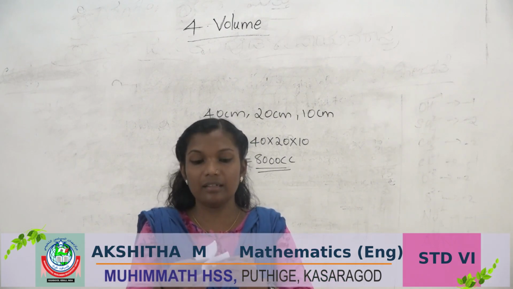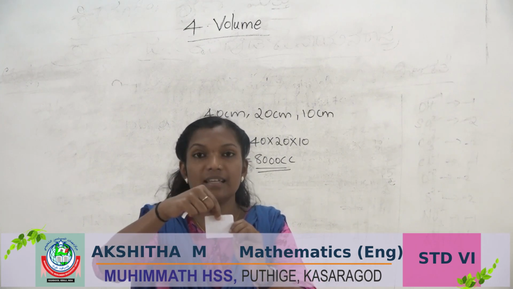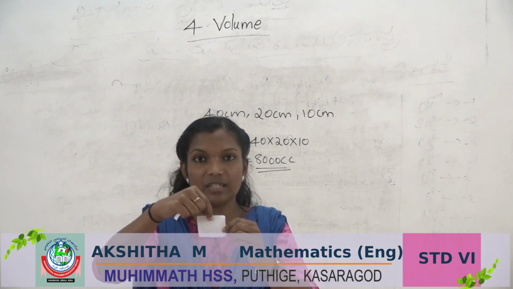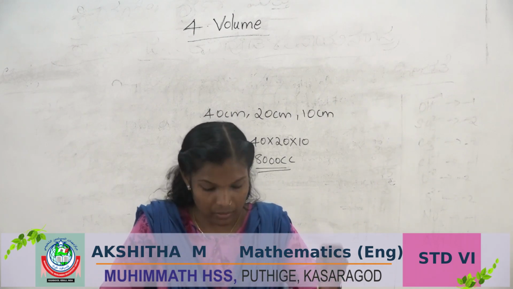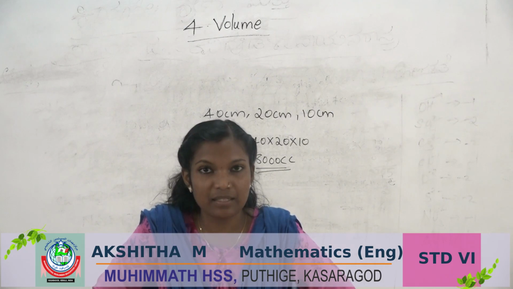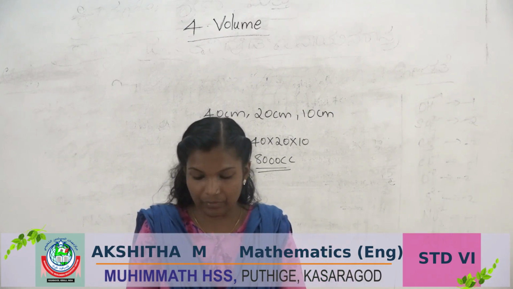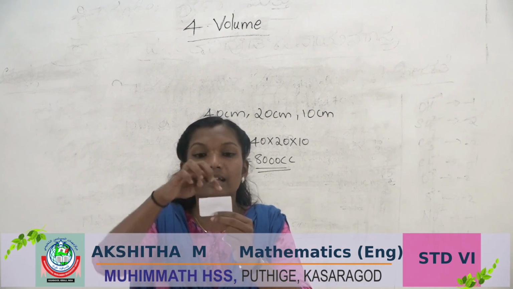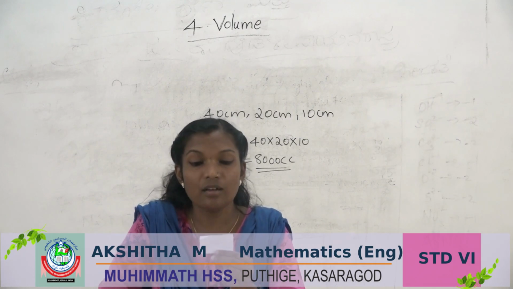So here in this rectangle, length 6 centimeter, breadth 5 centimeter. So its area is 6 into 5, 30 square centimeter. In this rectangle, length 7 centimeter and breadth 4 centimeter.